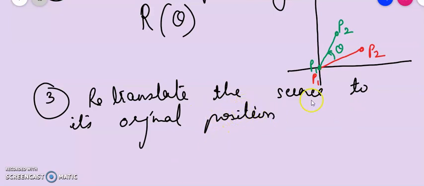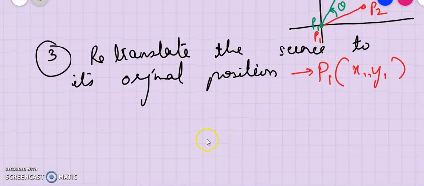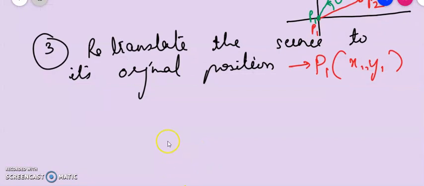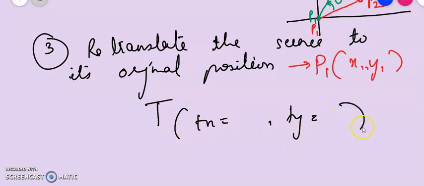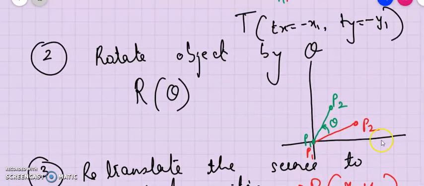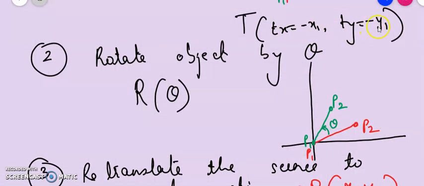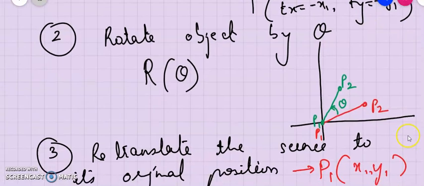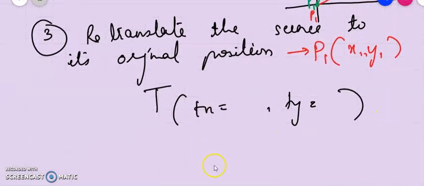In short, I need to retranslate it to its original position by P1, that is x1 and y1, right? When I say retranslation, I need to again use the translation matrix with Tx and Ty. Now what will Tx and Ty be? In step number 1, my Tx was minus x1 and my Ty was minus y1 because I was moving towards the origin.